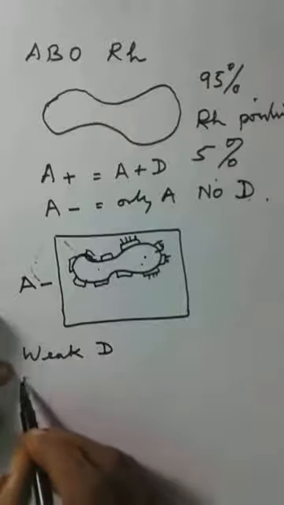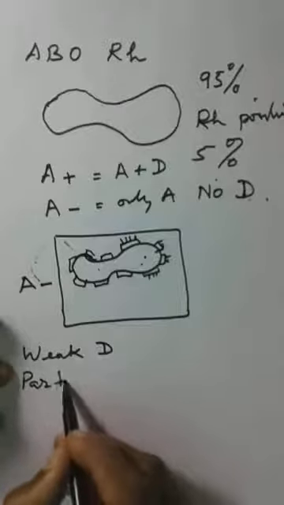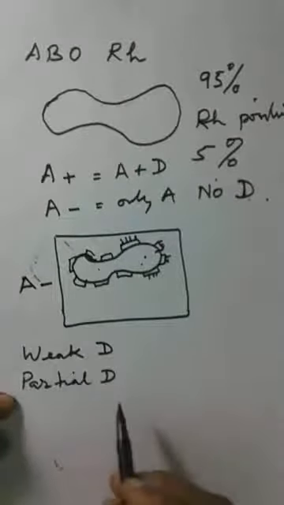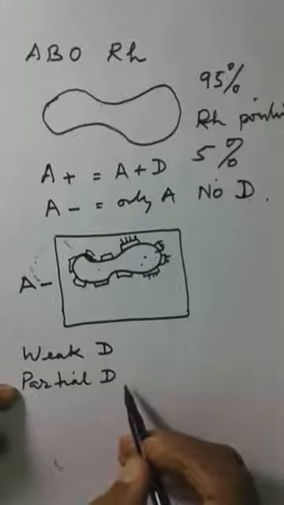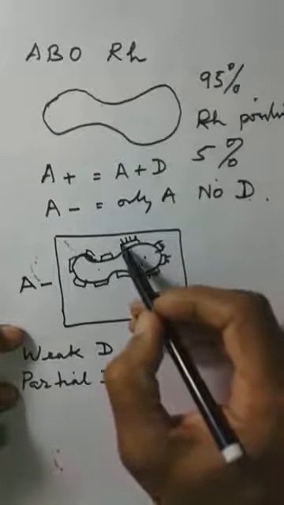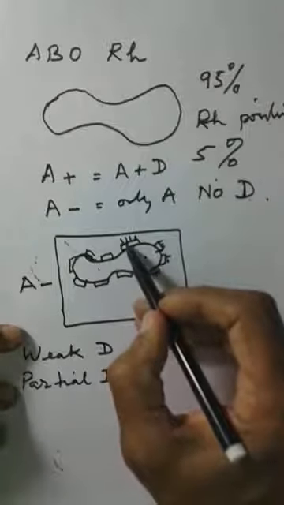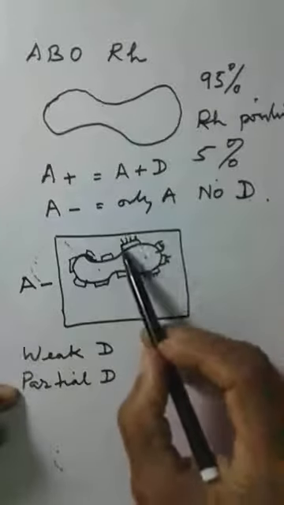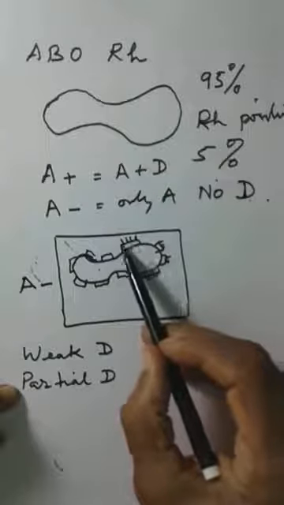Another term is partial D. Partial D is actually lesser number of epitopes where this antibody can come and bind. Normally there are 4.